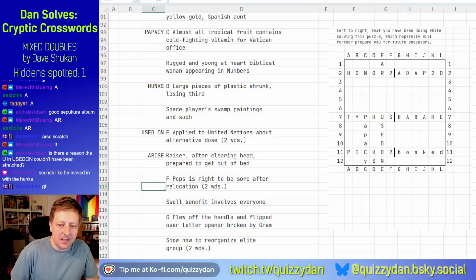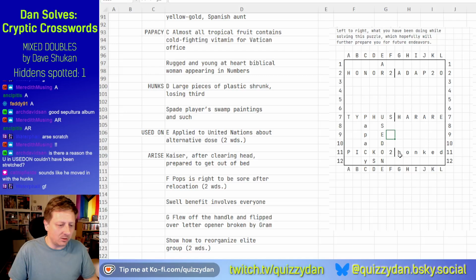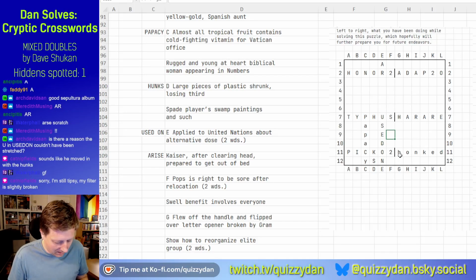I think we'll have a double letter in it somewhere, because if it goes up here, there's a double letter there. If it comes down here, there's a double letter there. So we've probably got a double letter somewhere in it. To be sore after relocation. So anagram of that, and it's going to be Pops. So to be sore.